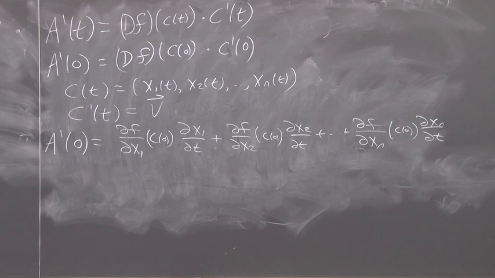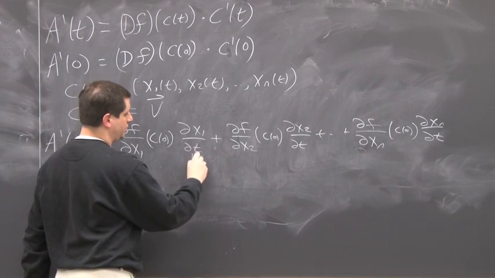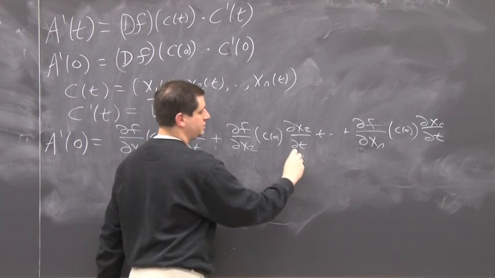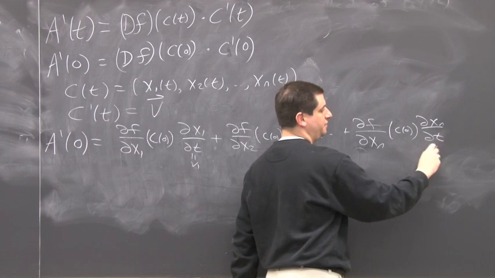This is what the chain rule says. This over here is just v1. This is just v2. This is just vn.